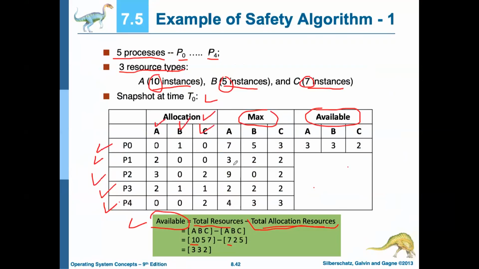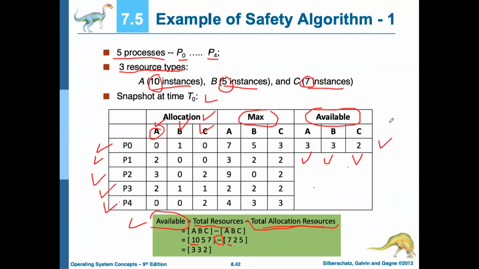Then you subtract. So for A: 2, 3, 2 gives 7; for B: 1 and 1 gives 2; and 2, 1, 2 gives 5. Subtracting, you get 3, 3, 2 for each resource.